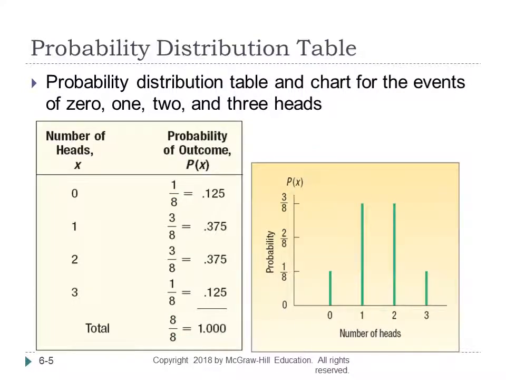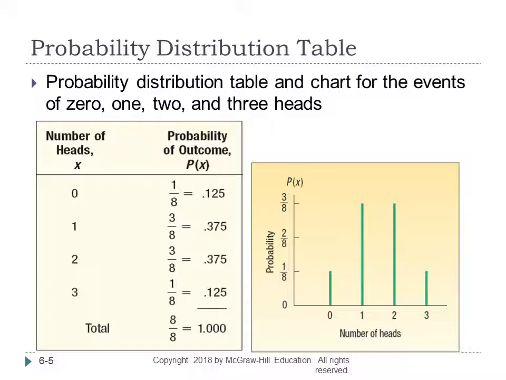Now since we are interested in the number of heads, we will call this a random variable. This random variable, which we will call x, can take the values 0, 1, 2, or 3. Either 0 heads, 1 head, 2 heads, or 3 heads.